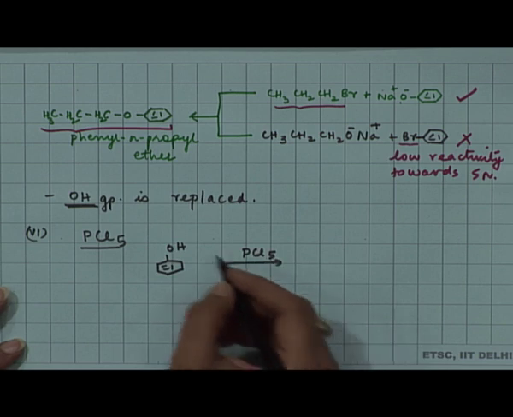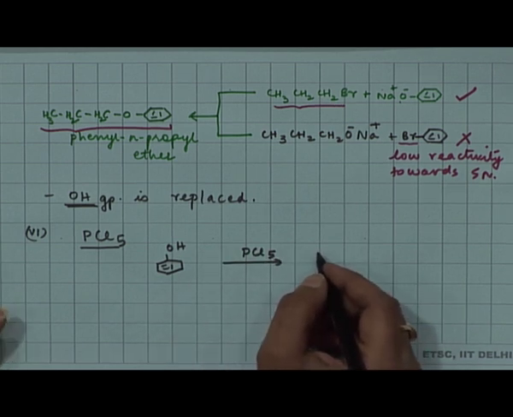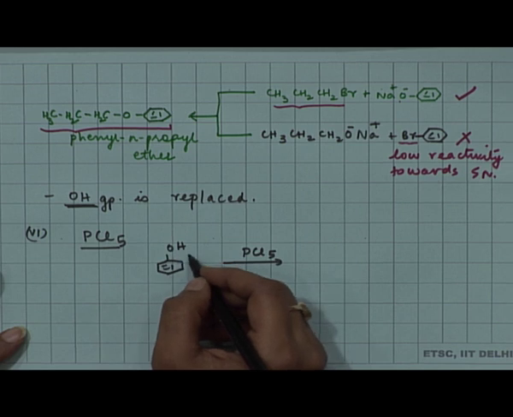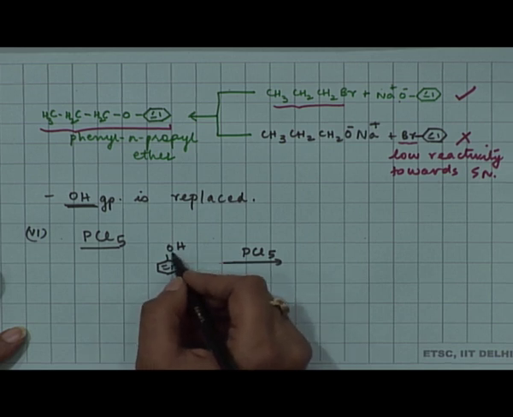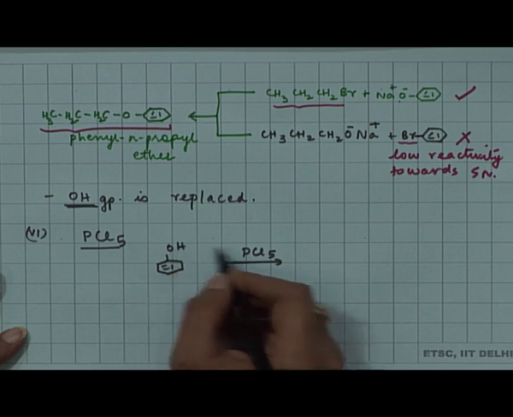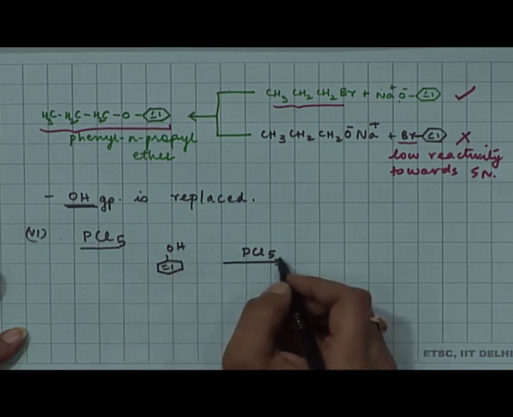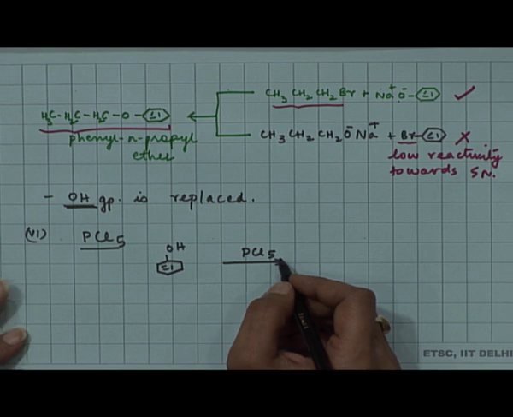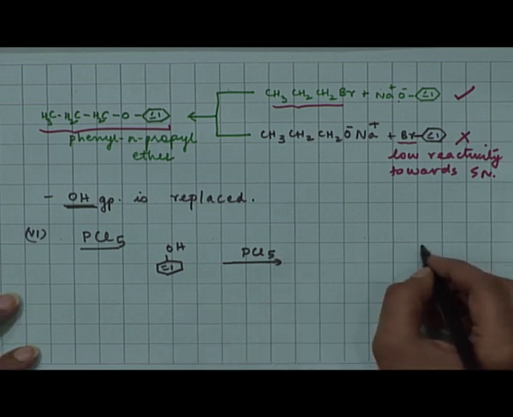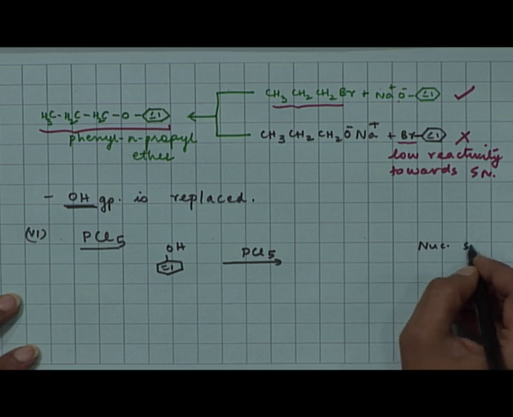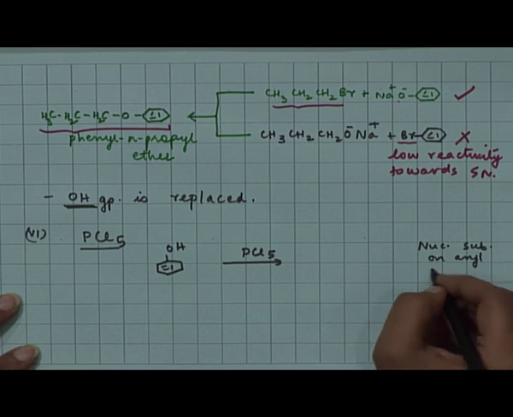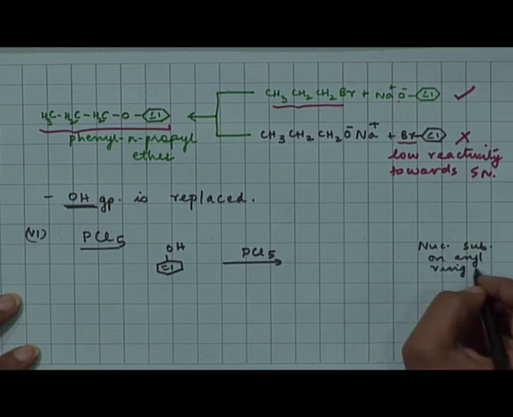When we were taking the alcohol, we were getting the corresponding alkyl halide. In this case, however, the reactivity of a phenol OH to get replaced by the chlorine is not so facile. Okay. Why? Because we know that a nucleophilic substitution on the aryl ring is very slow. Okay. So, this will not work so easily.